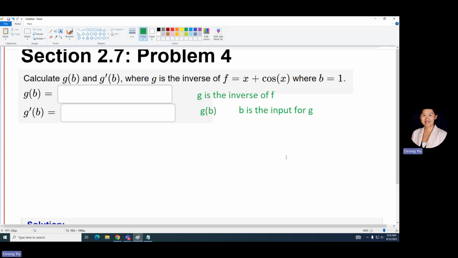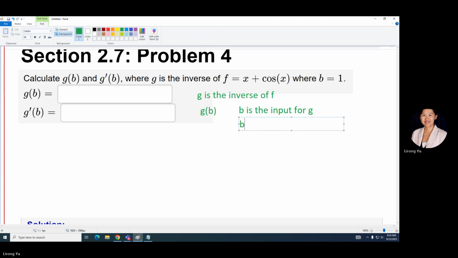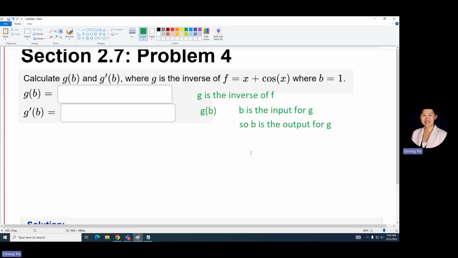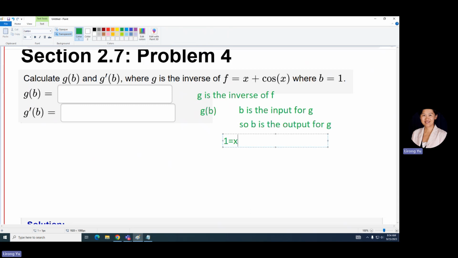The input for the inverse is actually the output for the original function. So b is the output, the y value, the output value for f. And b equal to 1, the 1 is actually a y value for f. So basically what remains is 1 equal to x plus cosine of x.